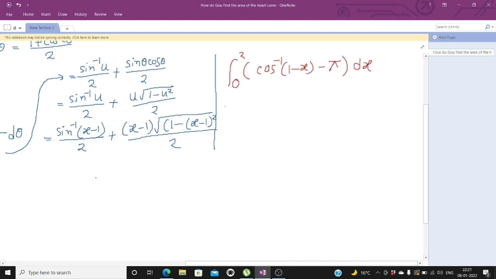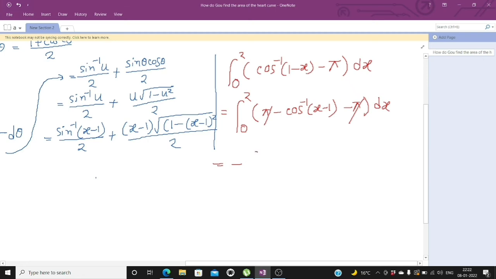We have to make some choices here. If we make some good choices, then we can write cos inverse of (1 minus x) as pi minus cos inverse of (x minus 1), minus pi, dx. In this way, this pi and this pi simply cancel out.